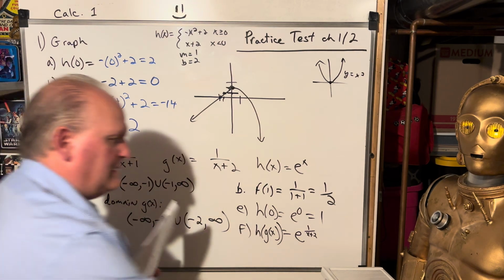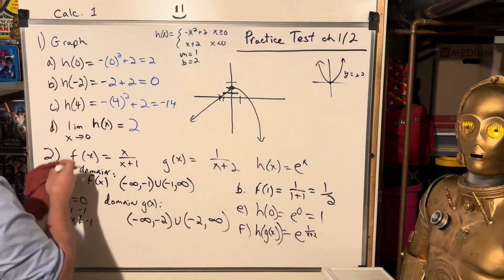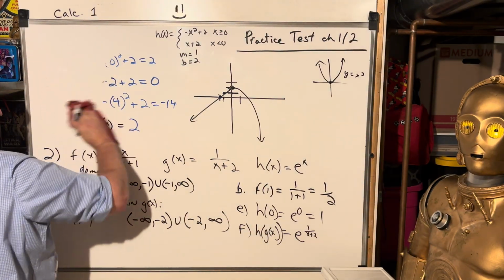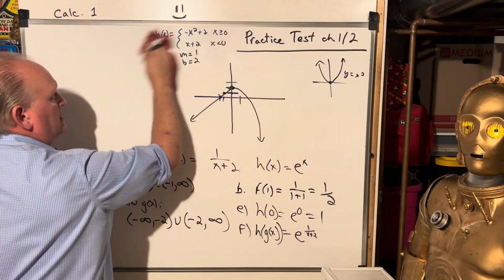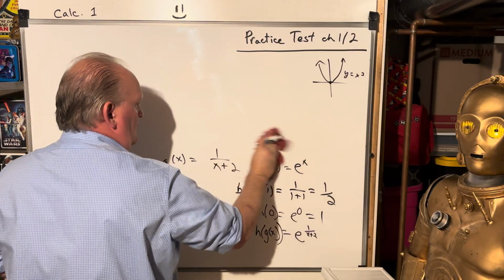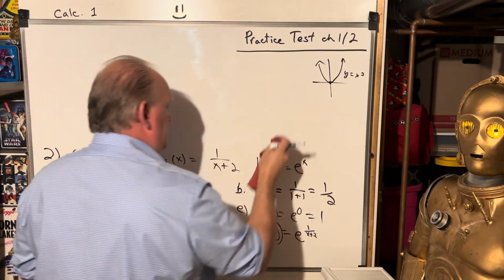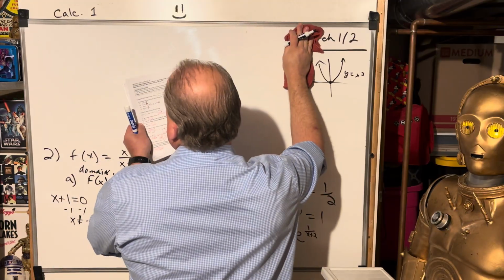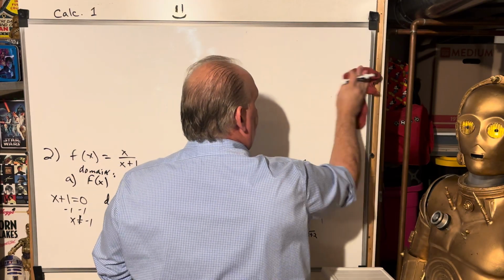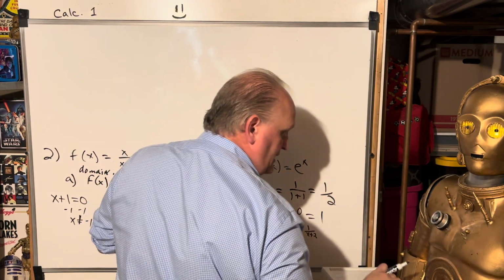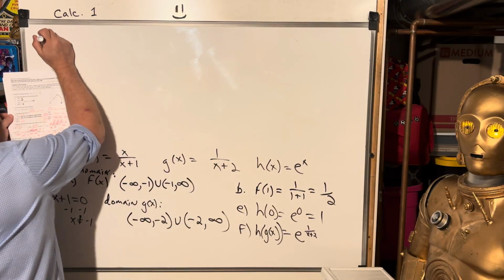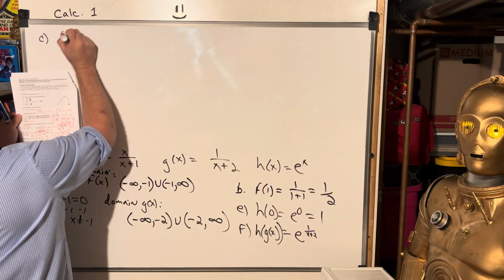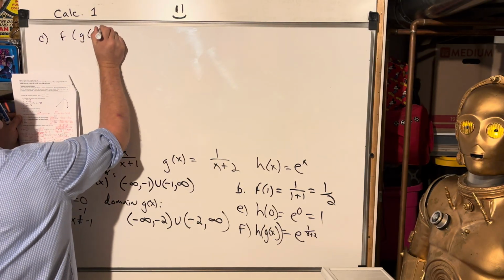All right. I'm going to get rid of number 1 here, and then we'll do C and D. Let's take a look at those. Those are a little more complicated. So C, they want f of g of x. What does that mean?